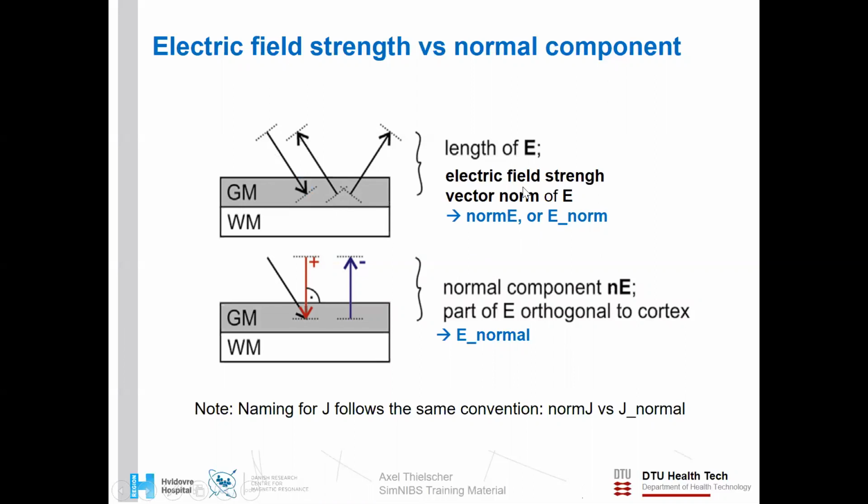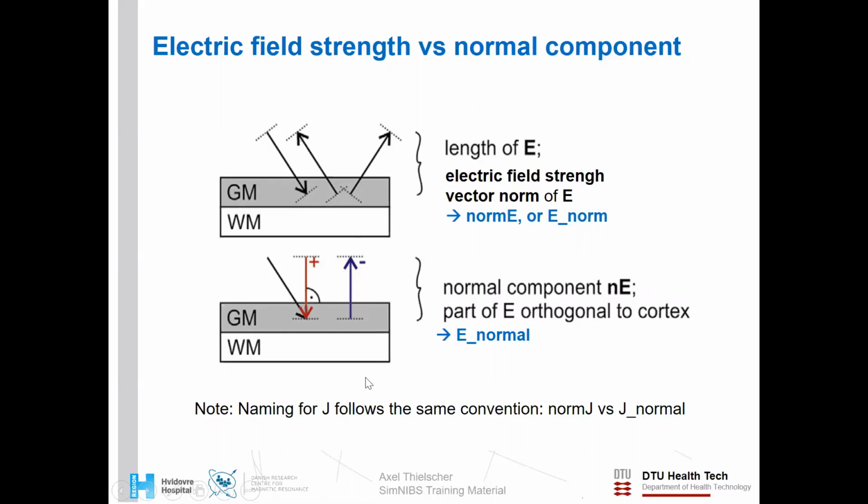As an alternative, you might also be interested in looking at the direction. One useful direction is looking into the amount of the total electric field which either flows into the cortex or out of it. So this would be the local orientation of this part of the cortex, and we are interested in the part which is flowing perpendicular, or normal, into the cortex or out of it. That's called E normal.